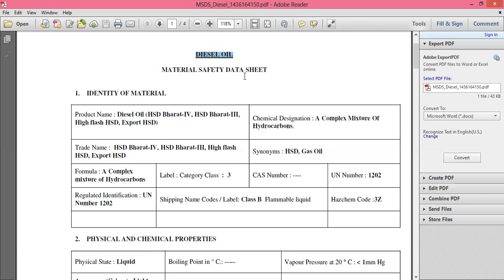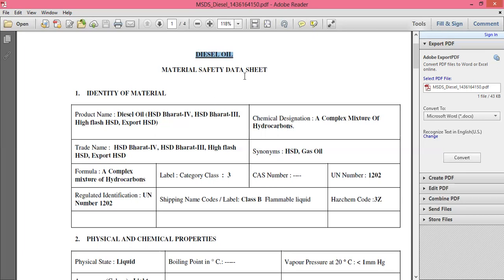Now, for example, if there is a small accident, like this particular cargo comes into skin contact with a person, it splashes on the skin or on the eye, or it goes into the mouth of a crew member, then what first aid is to be taken? We have to understand that we should read this MSDS in advance.